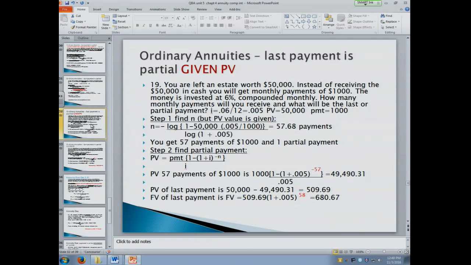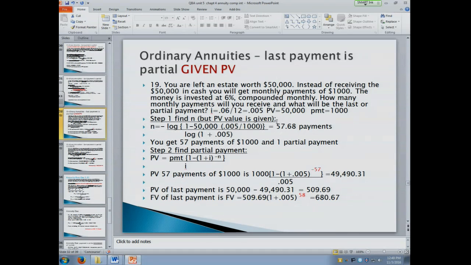We're looking for N. We want to know how many payments, but I gave you a present value. So we have to find N. We're given the present value of 50,000. We substitute it in, and we find out we will get 57.68 payments.